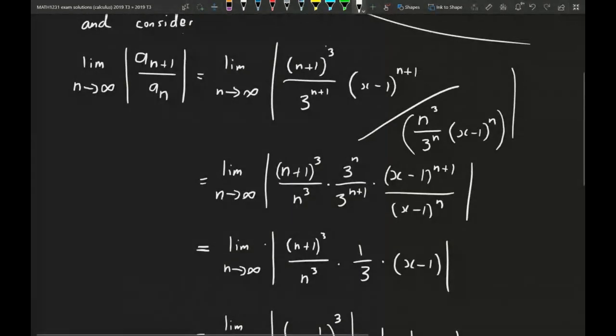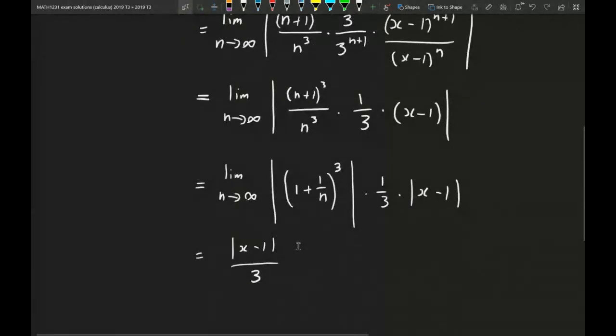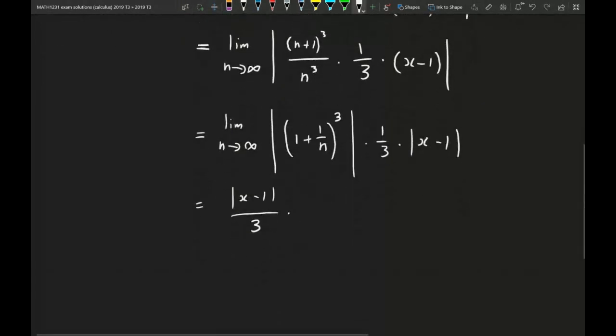All right, so this is our lowercase r, our ratio. So what the ratio test says is if the magnitude of this quantity is less than 1, then we're going to get convergence.